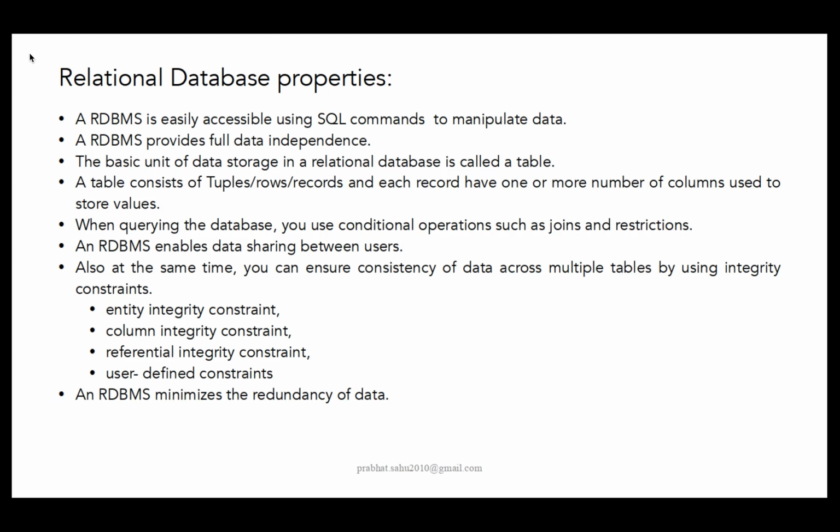The entity integrity constraint ensures uniqueness of the rows. Second, the column integrity ensures consistency of the type of data within a column. Third, the referential integrity ensures validity of foreign key within a table or between two separate tables. And the user defined constraints are used to enforce specific business rules.